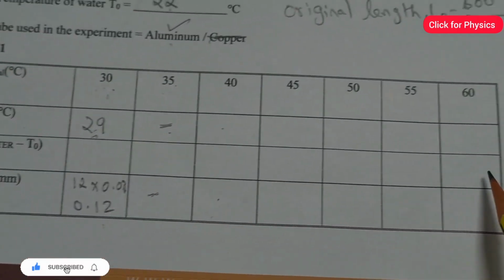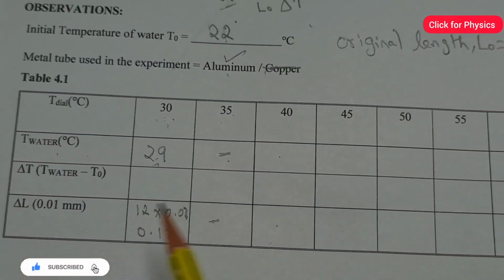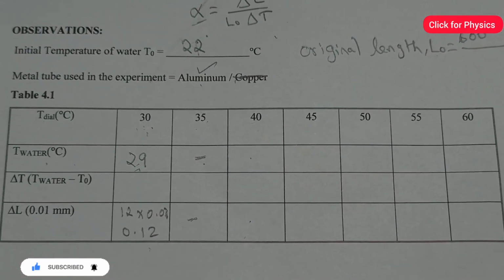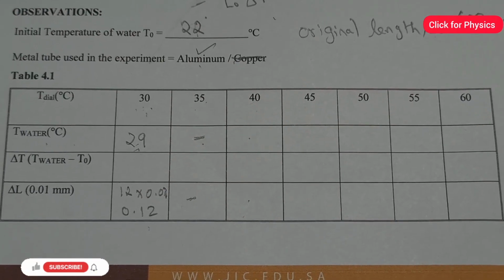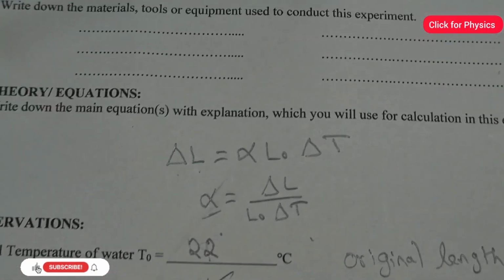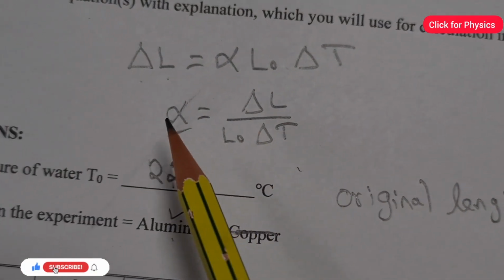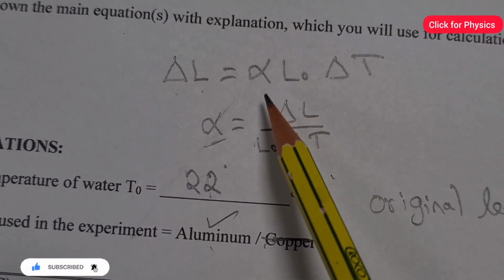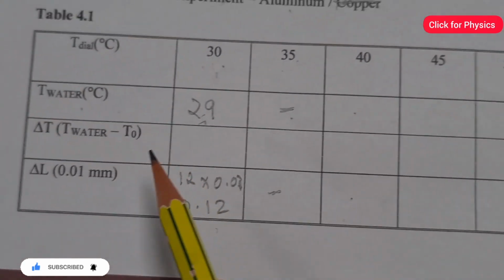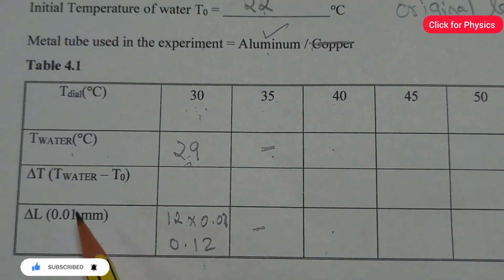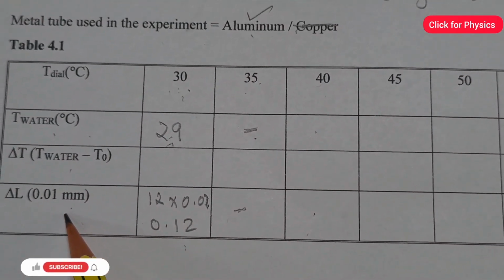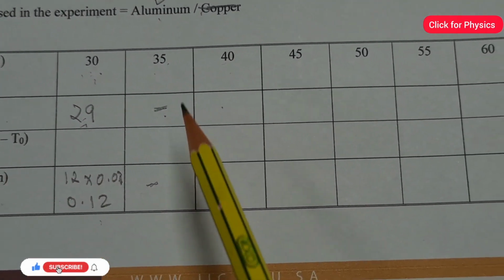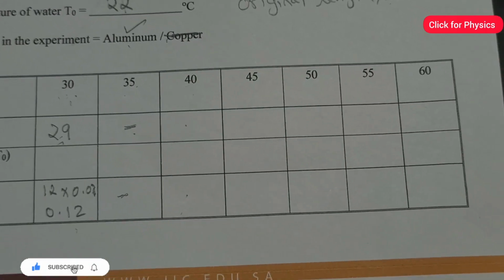Once you complete everything, you have to get ready for drawing the graph for this experiment, and from the graph you are going to calculate the slope. After you calculate the slope, we are going to use this equation: alpha equals delta L over L naught delta T. So for this delta L over delta T, you are going to draw the graph between delta L and delta T. This value should come on the y-axis, and delta T should come on the x-axis, and you have to plot the points after you fill the table, and calculate the slope.